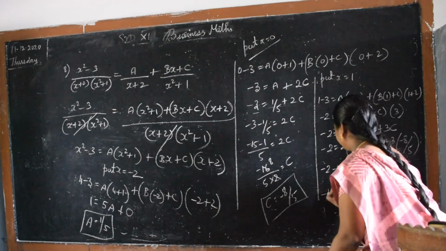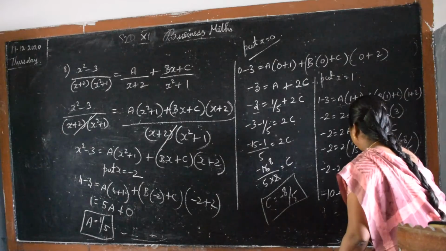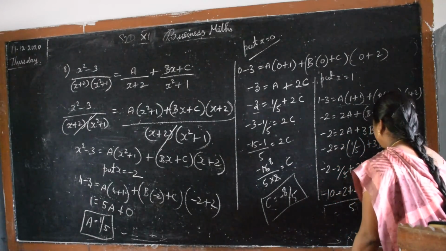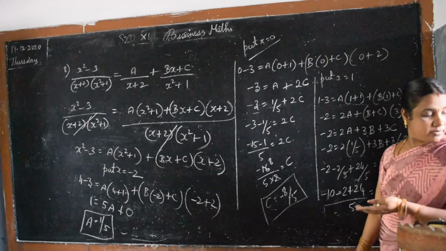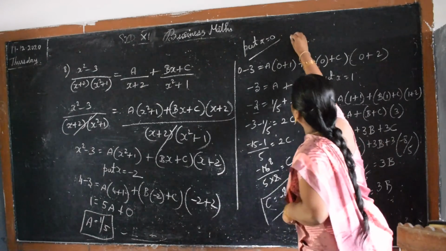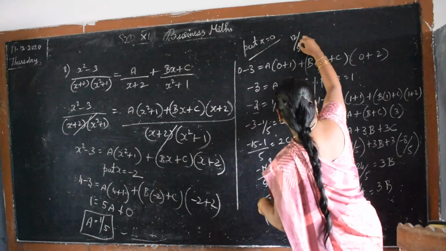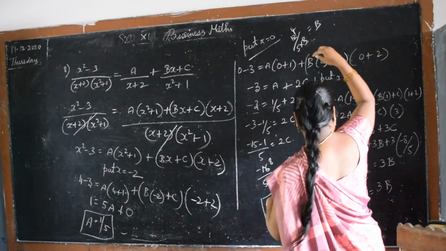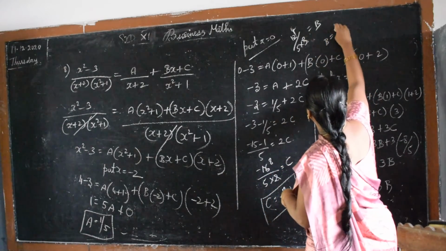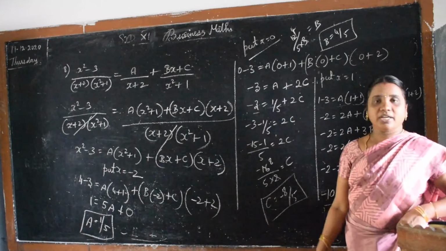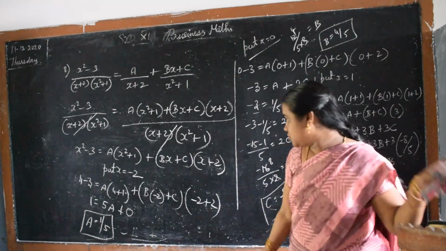Take LCM: 24 − 12 is 12, so 12/5. 12/5 into the denominator 3 comes below b. Cancel, we get 4. So b is equal to 4/5. Have you understood children? Now I got the values of a, b, c.